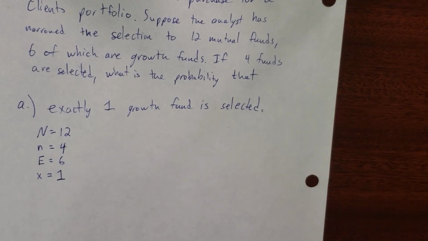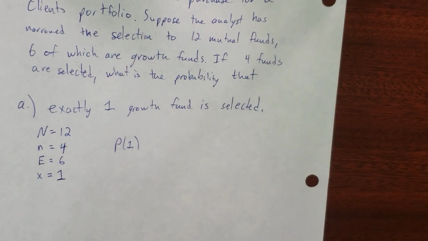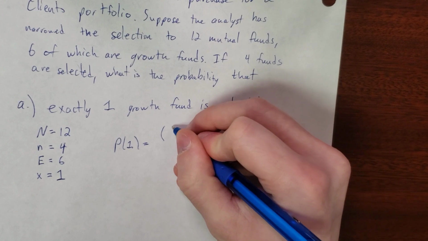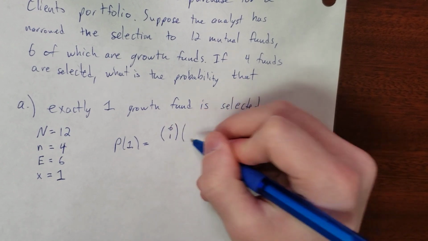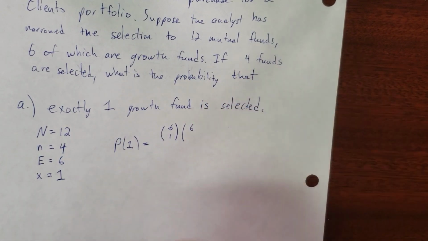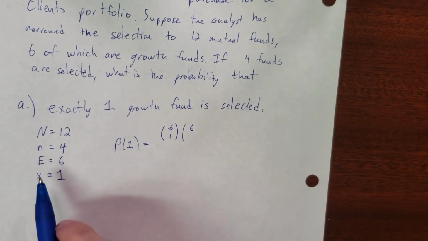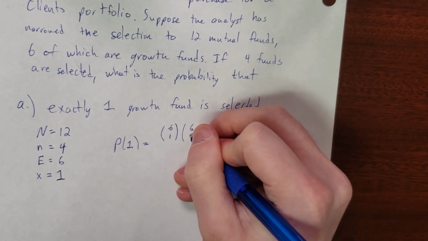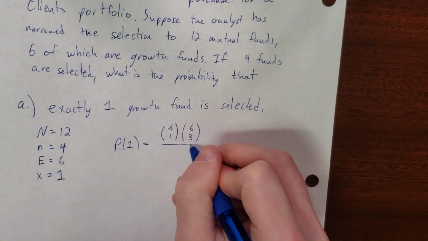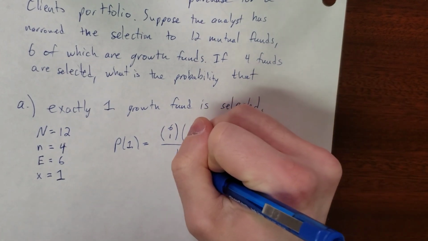The probability of exactly 1 growth fund is equal to capital E choose x, so this would be 6 choose 1, times capital N minus E, so 12 minus 6, again 6, choose lowercase n minus x, so this is choose 4 minus 1, so that's 3, all divided by capital N choose lowercase n, so this is 12 choose 4.